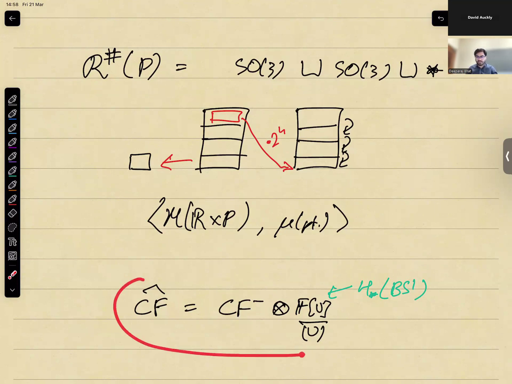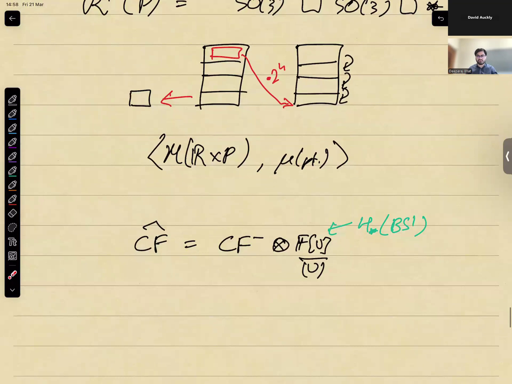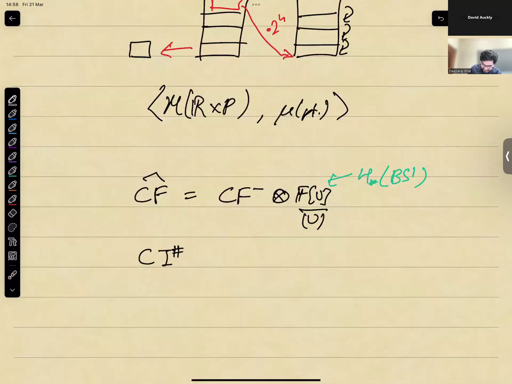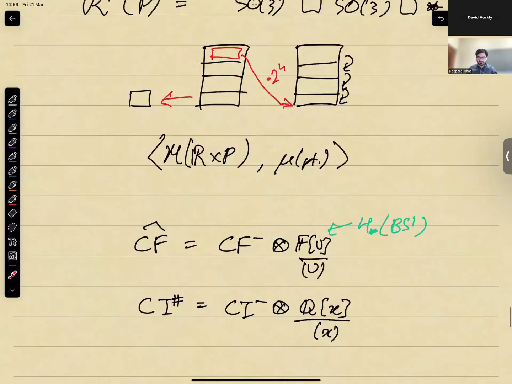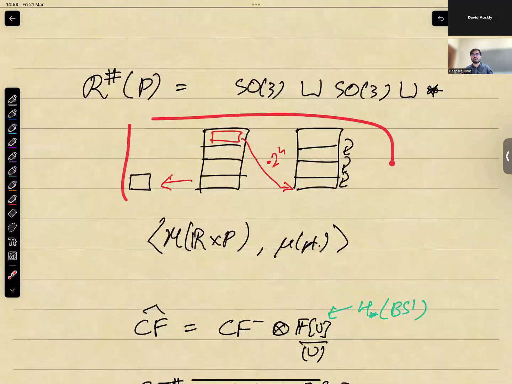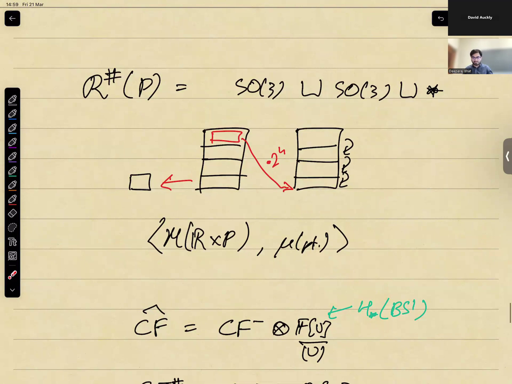But I think Mike Miller's thesis has the formalism that makes an analogous formula true for instantons as well. So something like CI sharp, I guess; he develops an invariant like CI minus, and then you want to tensor that by F[U], I think maybe over rationals. So that is true. It's just that instead of trying to compute this invariant, you can directly compute this thing. But they are related.